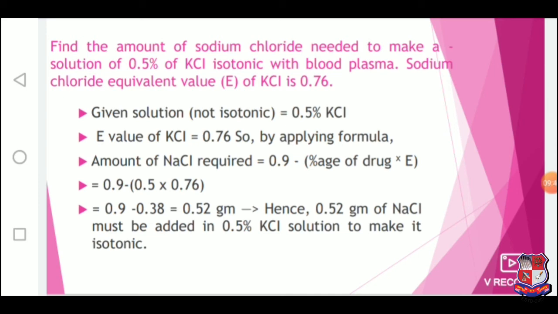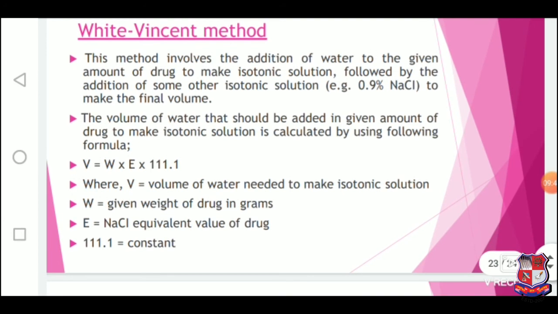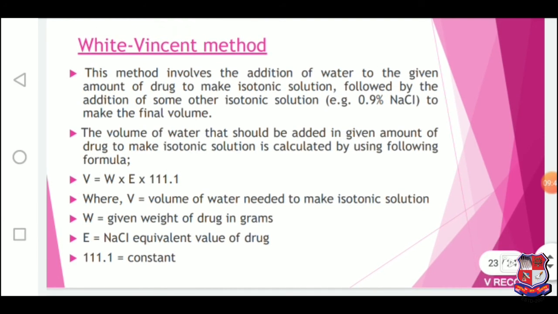White-Vincent method. This method involves the addition of water to the given amount of drug to make the solution isotonic, followed by addition of some other isotonic solution to make the final volume.